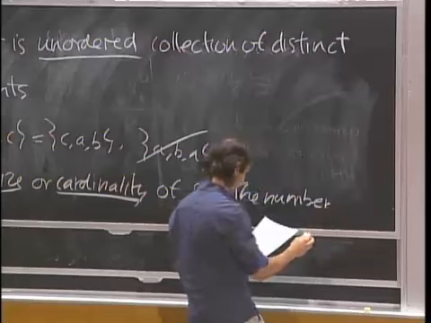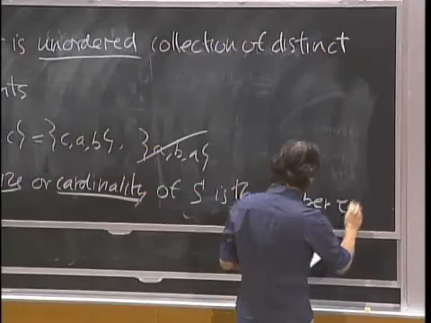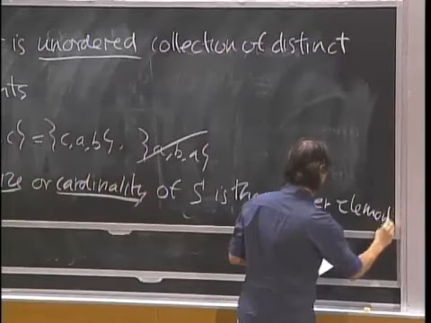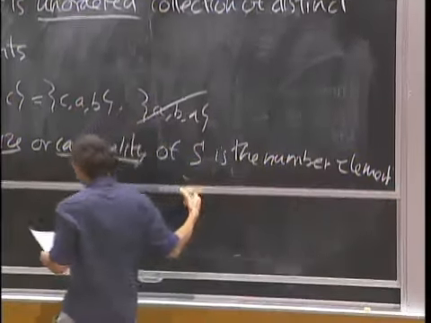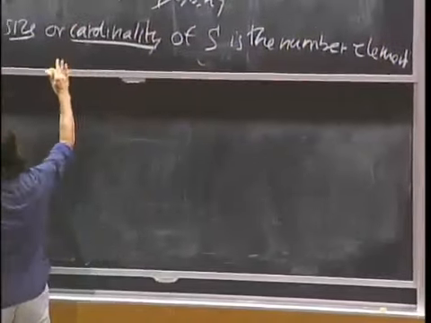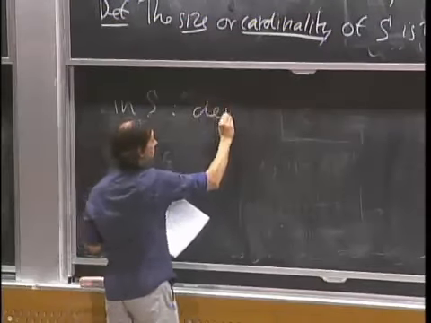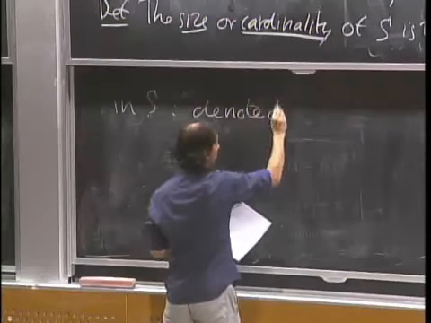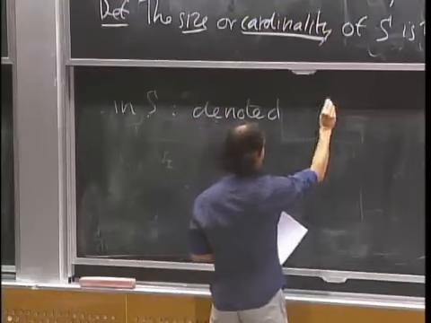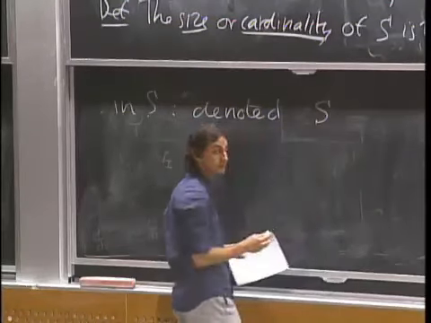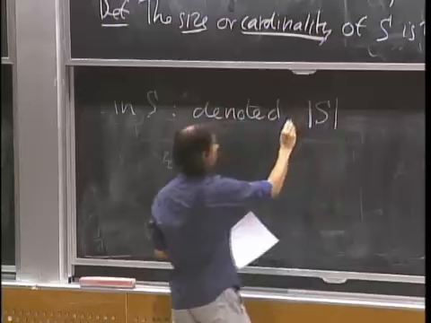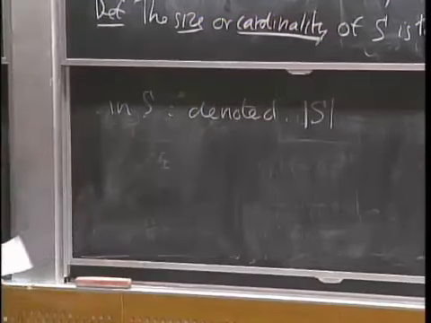So that's the number of elements in S. And how do we denote this? This is denoted by two vertical bars around the letter that represents the set. So we denote this as follows.